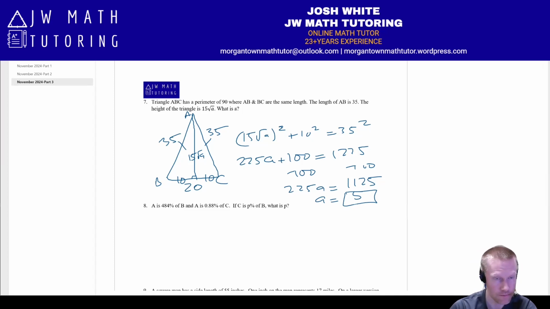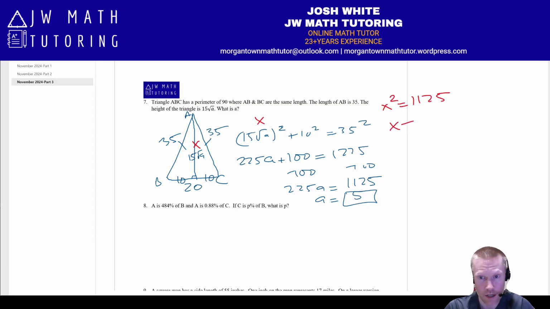However, an alternate way you may want to do this, which may seem more obvious to you, is if you just label this x and then you do the x squared plus blah blah blah, okay? So you would get x squared equal to 1125. And then you would have to simplify that into 15 root A, meaning x is really the square root of 1125, and then you'd have to realize that 1125 obviously has a factor of 15 in it.